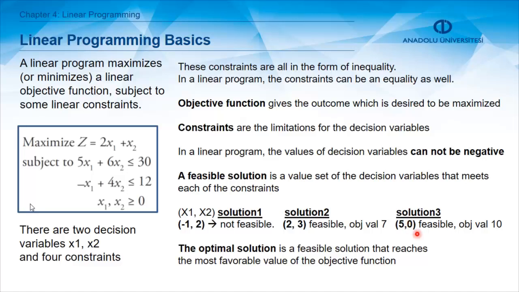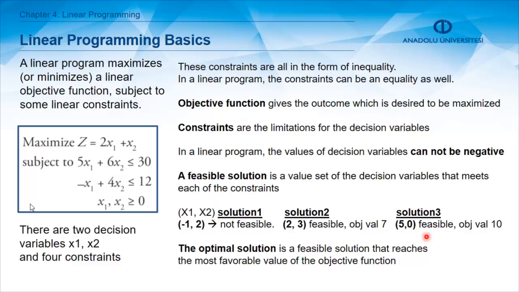This solution is also feasible. That means we can try the values of the decision variables on the objective function to get the objective value of this specific solution, this specific alternative. x1 is 5, so 2 times 5 is 10 plus 0. The objective value of solution 3 is now 10.